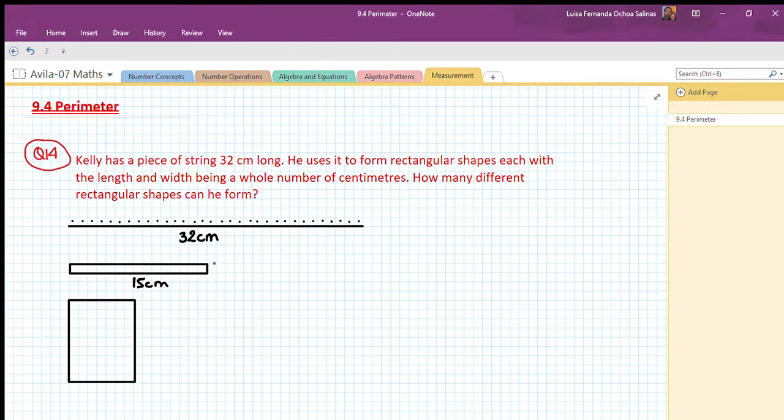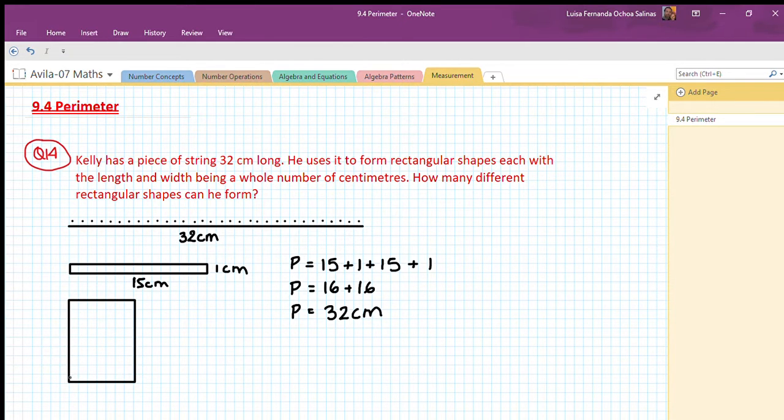And the width of 1 centimeter. If I find the perimeter of this one, it will be what? It will be 15 plus 1, and then plus 15 plus 1. The perimeter of this one then will be 16 plus 16, which is going to be 32. 32 what? Centimeters, agree?